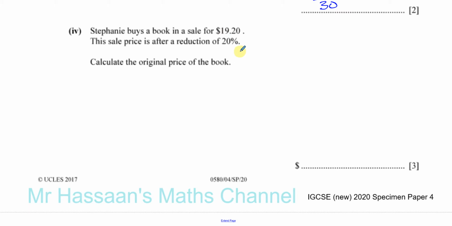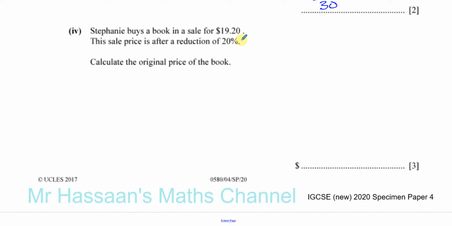But that's not the right way to deal with this, because the amount that 20% has been reduced from is a bigger amount than 19.2. So it was a number bigger than 19.2. That 20% of that number was taken away from that number to give you 19.2.